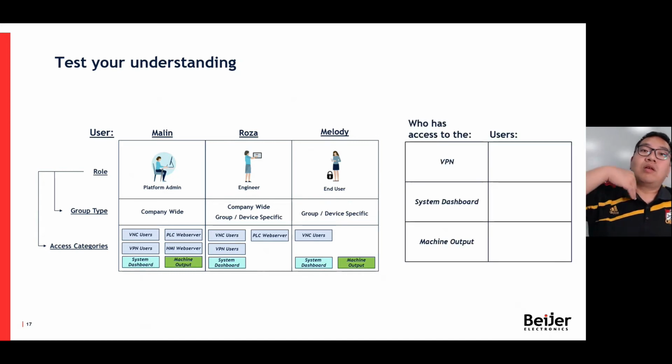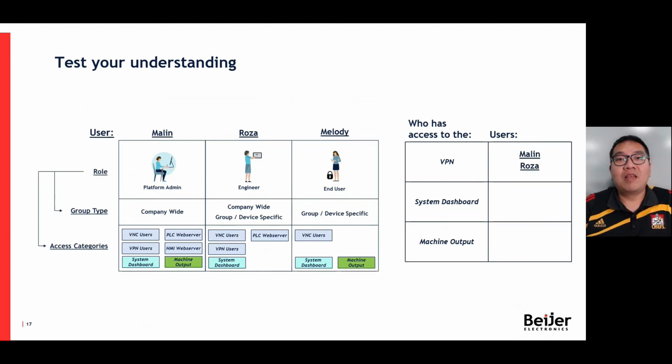Now the question comes: who has access to the VPN, the system dashboard, and the machine output? This might be a good time to pause the video, write your answers down on a piece of paper, or just give it a quick think through. So who has access to the VPN? Marlin and Rosa. You can see VPN here, and not on Melody.